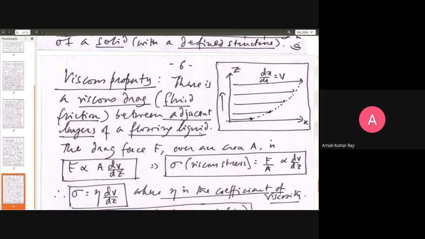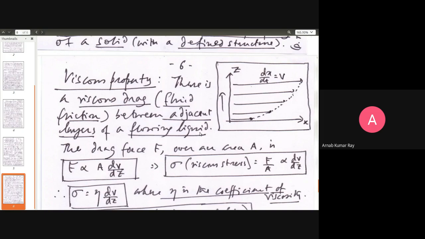And as you rub, you feel a warmth slowly generated between your two palms. Now, what is this all about? This is because there is friction. Between the two palms, one palm is trying to oppose the motion of the other as it is adjacent to it. So two palms are forming adjacent layers of, let's say, skin.